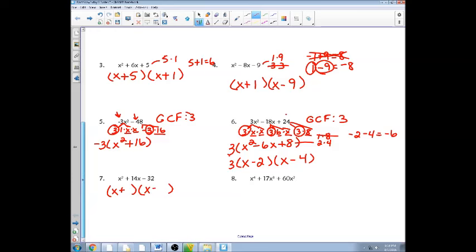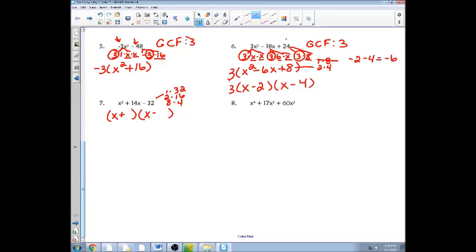All right. Well, 32 has a couple different ways that I could multiply to get to 32. I could have 1 times 32. I could have 2 times 16. And I could have 8 times 4. All right. So I need to find which one of those sets of numbers will allow me to get to a positive 14 using one of the numbers being positive and one of the numbers being negative.